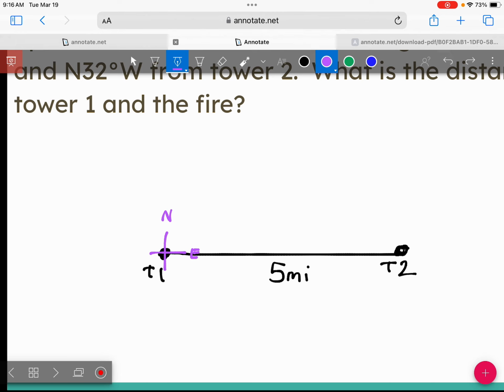I'm going to draw it way farther out, but I was reminding us how to do our bearing. We take it off of the north, and we go east. So it's going to be somewhere up there. This is 27 from our north.